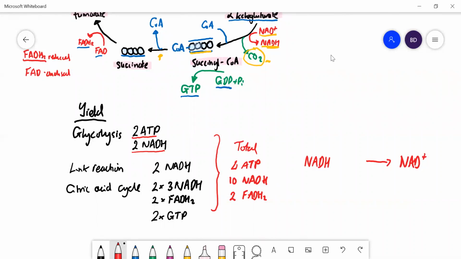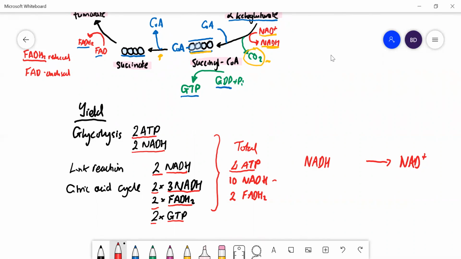The link reaction gives 1 NADH per pyruvate, but you get 2 pyruvates from 1 glucose, so you get 2 NADHs there. In the citric acid cycle, you get 3 NADHs, an FADH2 and a GTP. That's per acetyl-CoA, but of course you get 2 of those from each glucose. You've got to remember that. So far, we've got 4 ATPs, 10 NADHs and 2 FADH2s.